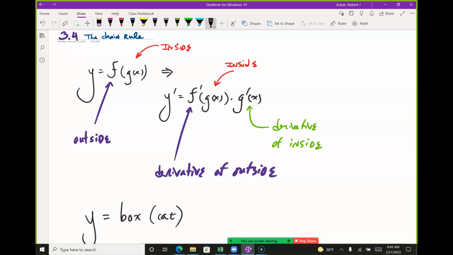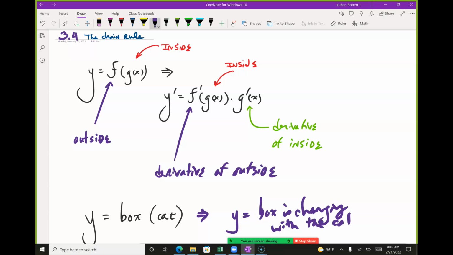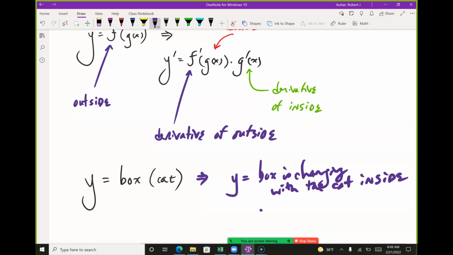So I can see that this thing is changing, right? It's now how the box is changing with the cat inside, right? The cat's still inside, right? Times how the cat is changing.